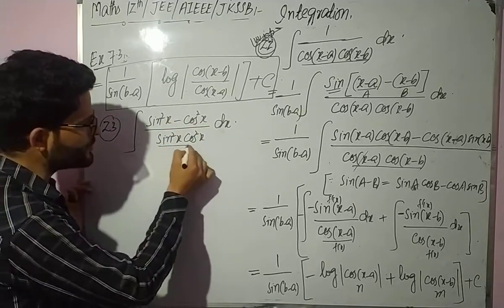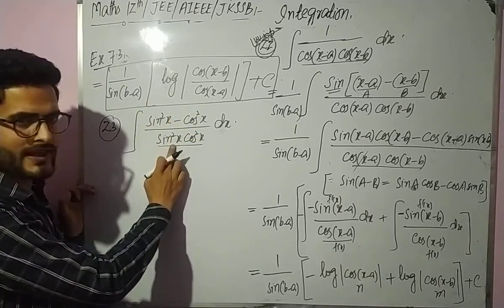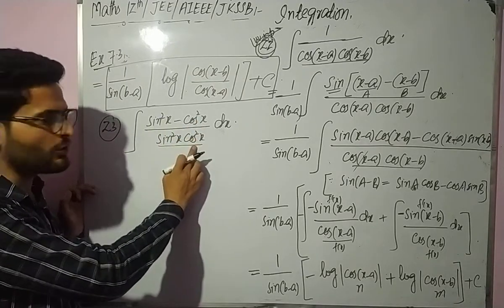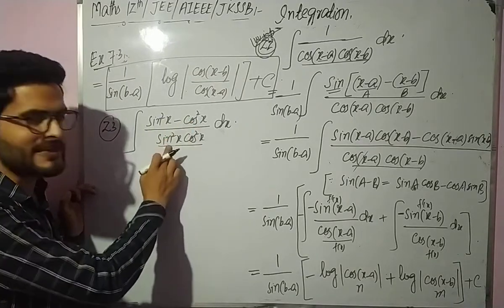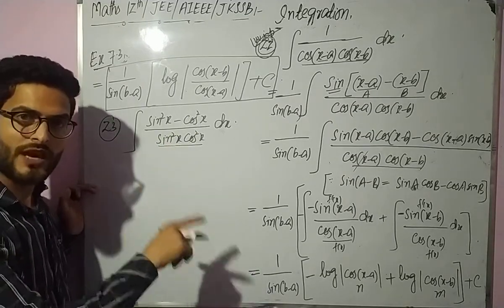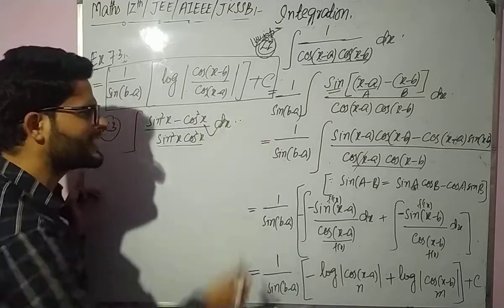Very much simple question of this exercise. Now sin square x into cos square x is a common denominator, so separate it. Sin square cancels and we are left with 1 by cos square, which is sec square, and cos square cancels and we are left with 1 divided by sin square, that is cosec square. So sec square x minus cosec square x. Sec square is also a standard integral, cosec square is also a standard integral, so you can do it quite easily.